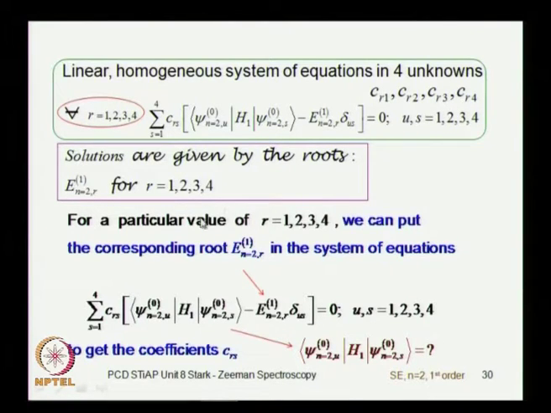So, these are the 4 states that we are talking about, and after getting the roots, you can insert the solution in this equation, and then from this you can find what these coefficients are, but of course you have to find these matrix elements first.